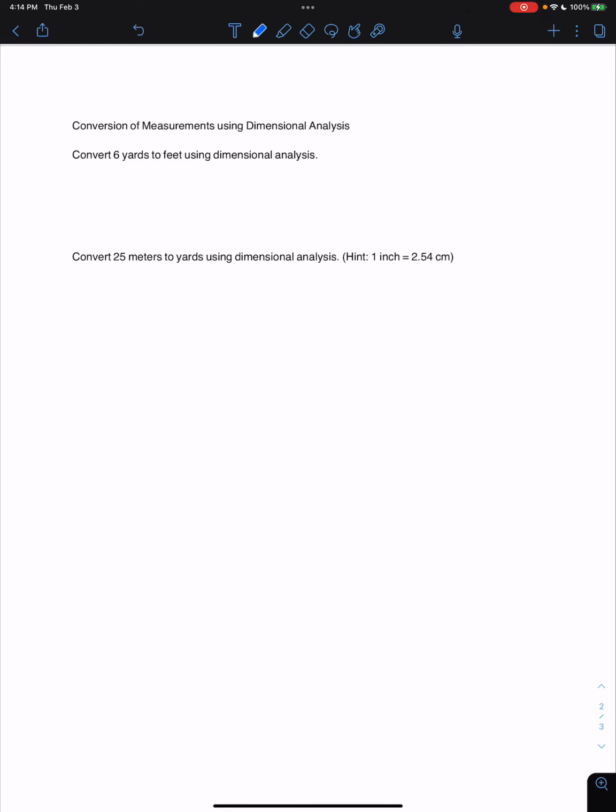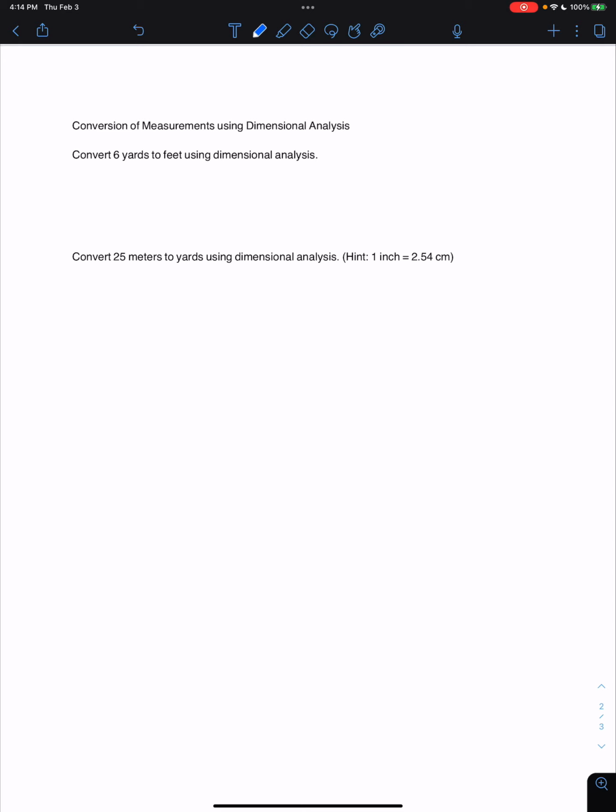Now, instead of doing just that intuitive understanding of when to multiply and when to divide, we can also use what we call dimensional analysis to convert. And that can help us to not even have to think about, do I multiply, do I divide? It just tells us that.